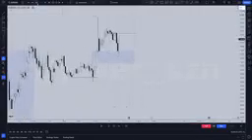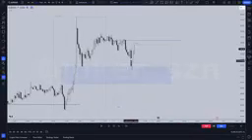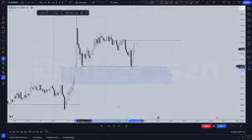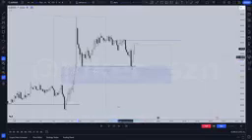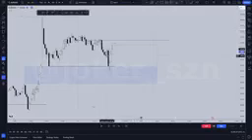So let's go on to the M5, and we can see that on the M5 we also have now a change in order flow here, right? We have taken out the sell side, so this low, which has also created the fair value gap. We have swept that low, and now you can see we have a bearish propulsion block right here, which we have closed above.